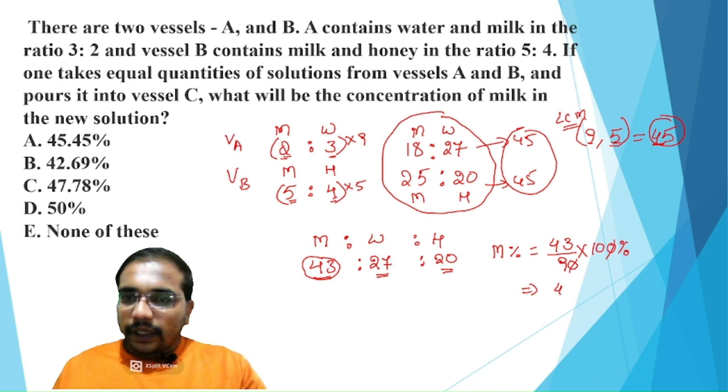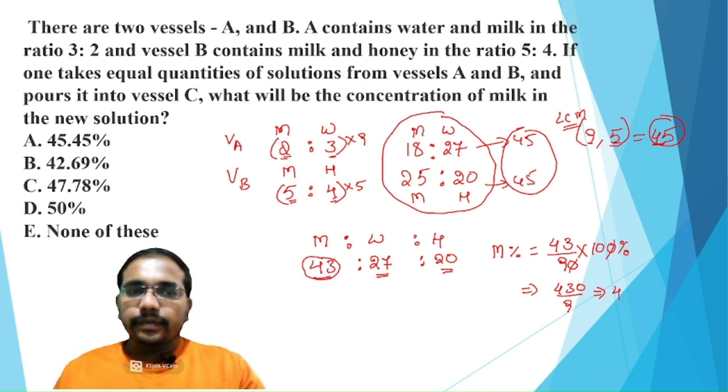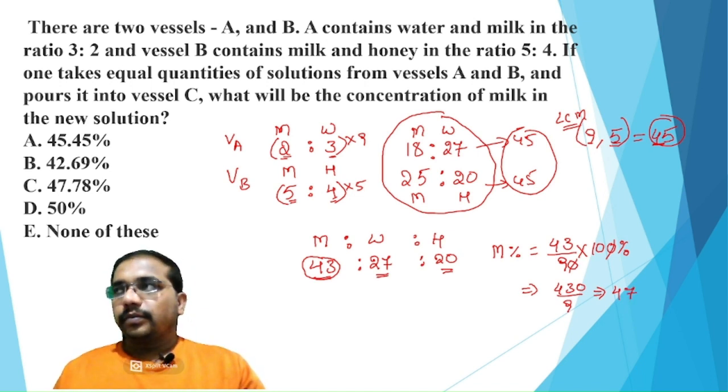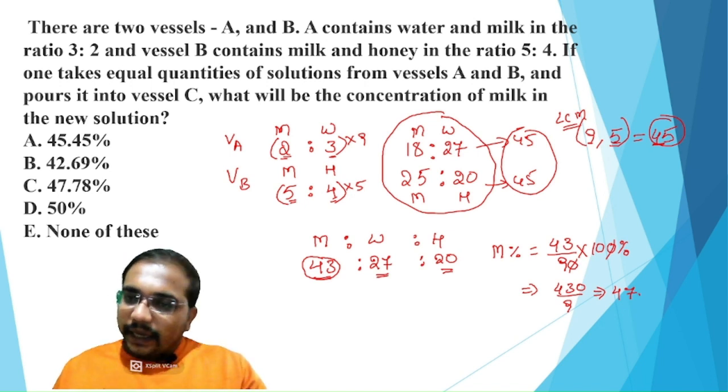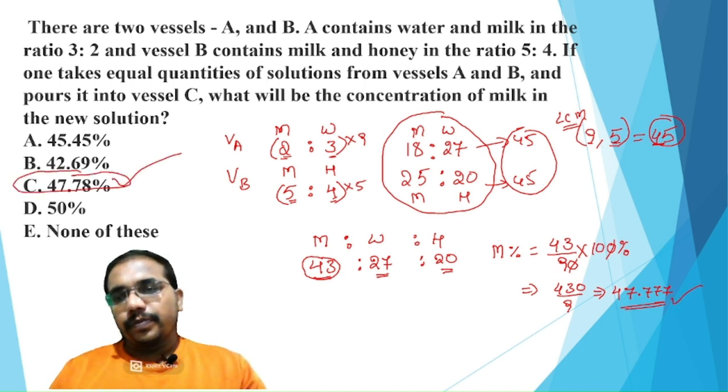That is 430 by 9. 9 how many times cancel? 4 times 36. Remainder 70. In 70, 7 times cancel. Again also 0.777 you will get like this. So your answer is how much value? 47.78. Clear, friends?